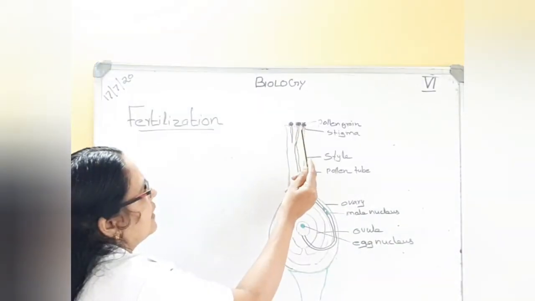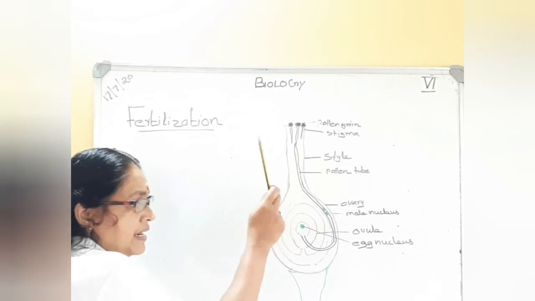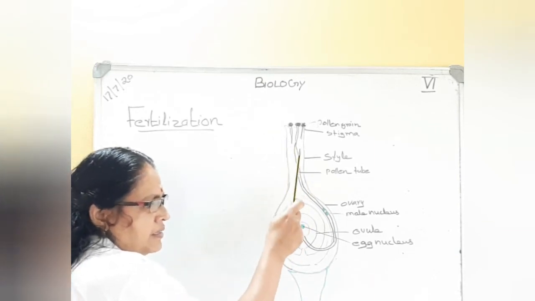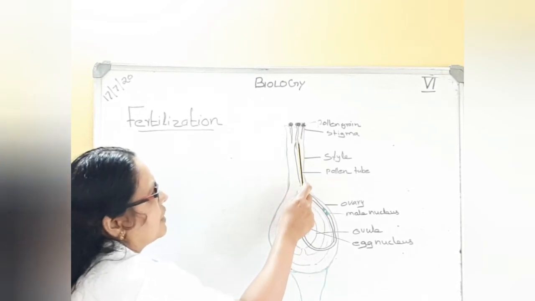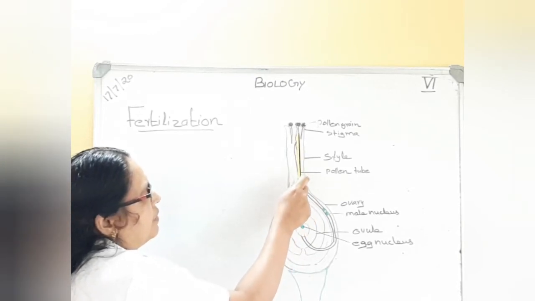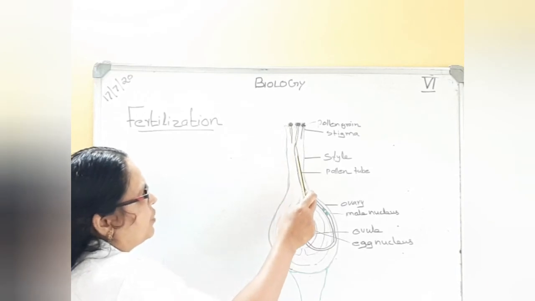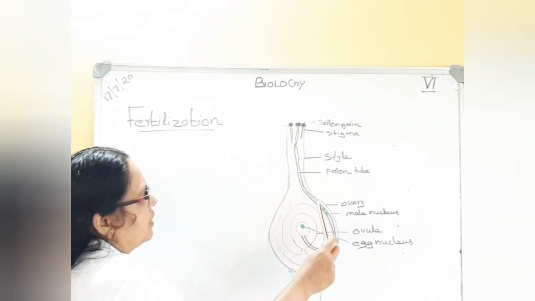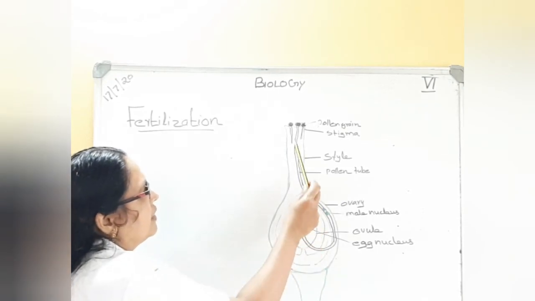So these pollen grains, after pollination, if they land on the correct space of the stigma of the correct flower, then they start to germinate and form a pollen tube. One pollen tube grows downward towards the ovary of the flower through the style. Here is the style.